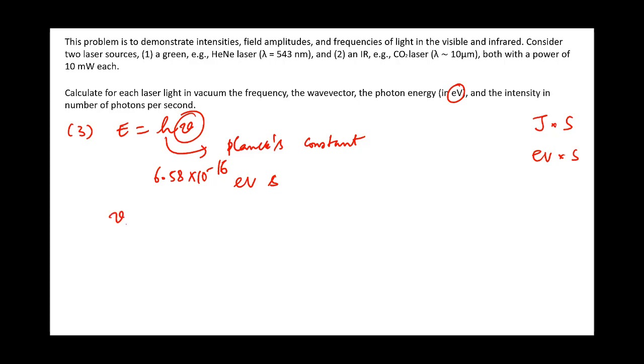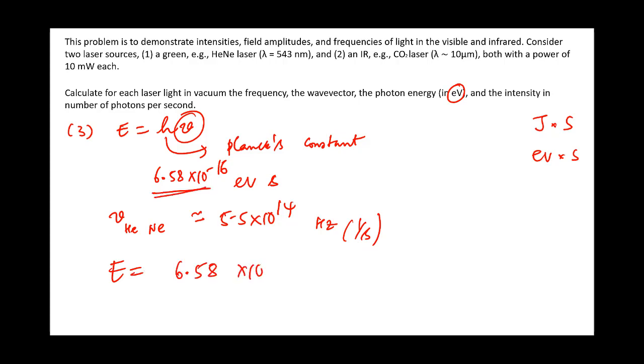For example, if I look at the helium neon laser, the frequency we calculated was roughly 5.5 times 10 to the power 14 hertz, and hertz is nothing but 1/second. Then I would get energy as Planck's constant in eV, 6.58 times 10 to the power minus 16 eV second, times the frequency, 5.5 times 10 to the power 14 1/second.